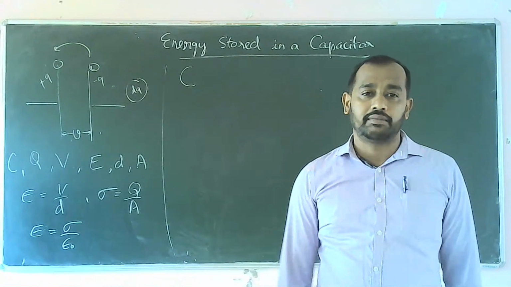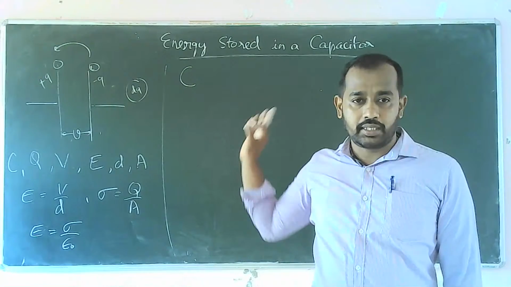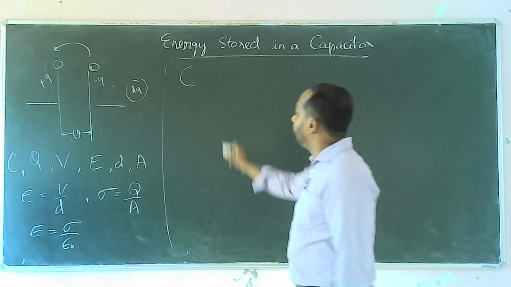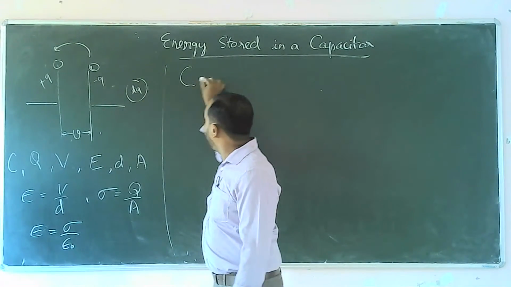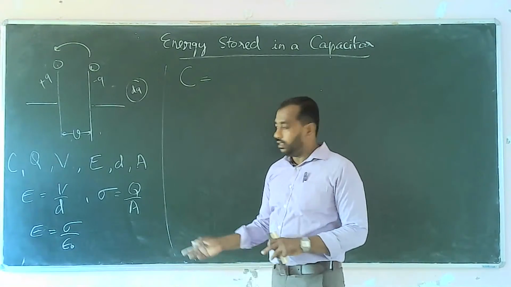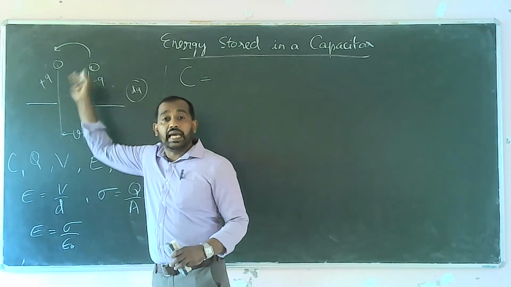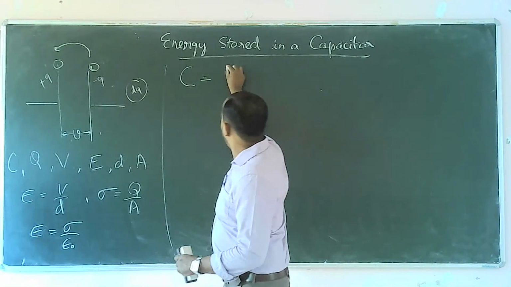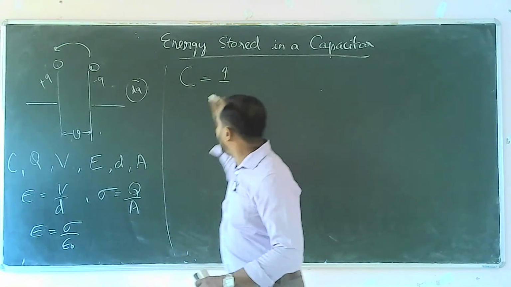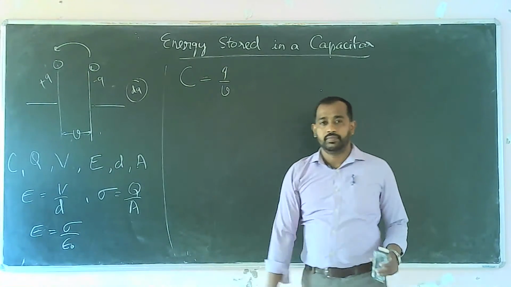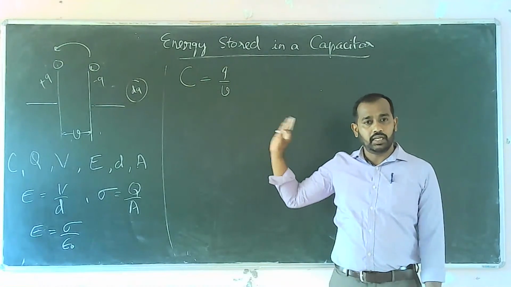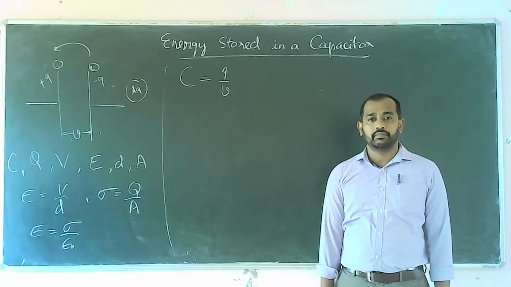It never changes. It remains as it is. Therefore, at this particular point, we can write the constant capital C is equal to the charge at that instant divided by the potential at that instant, Q by V. So this relation we have seen.